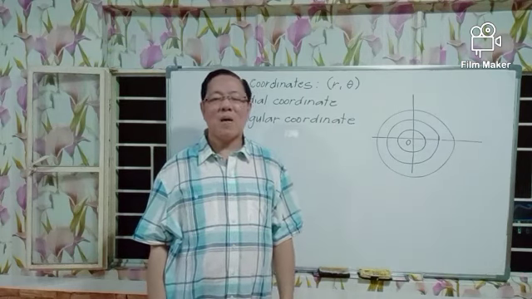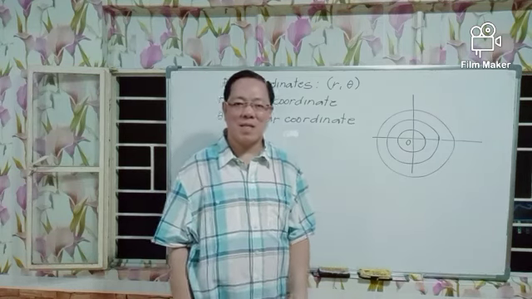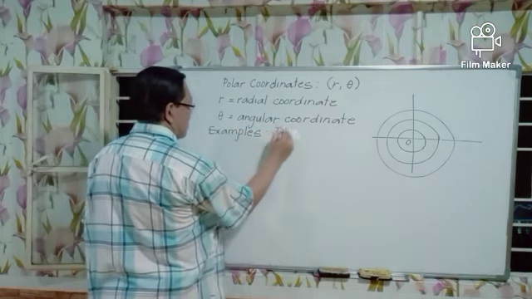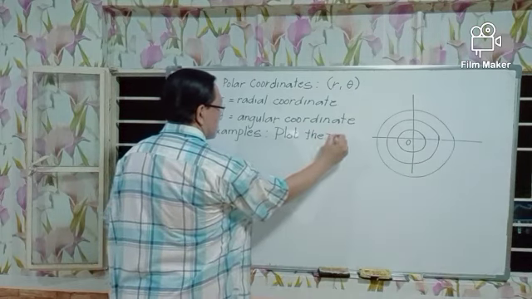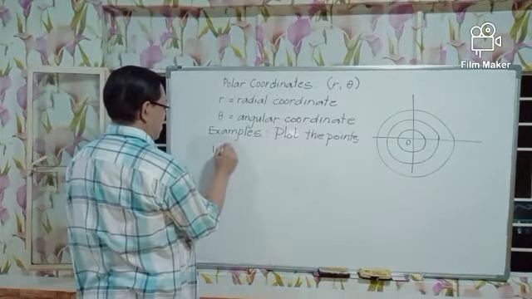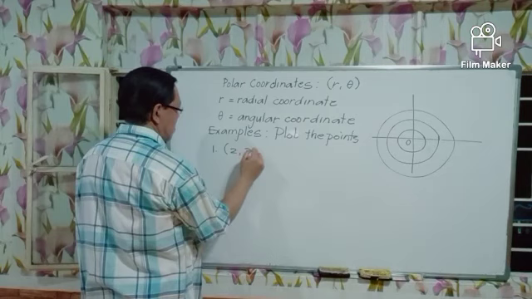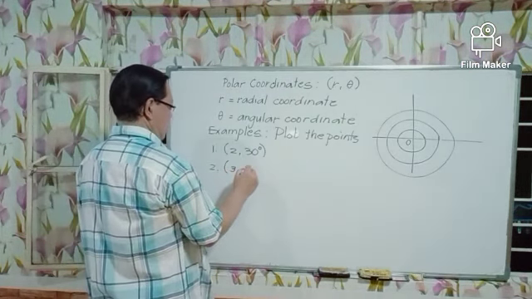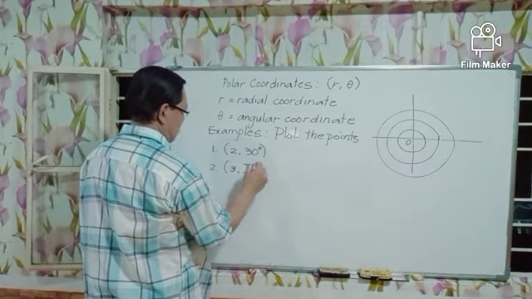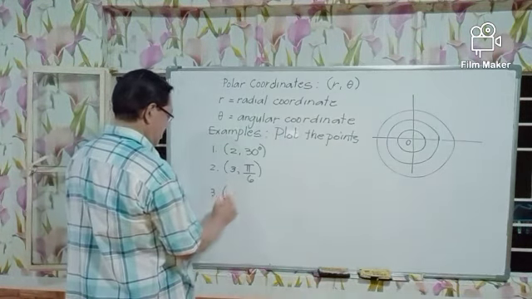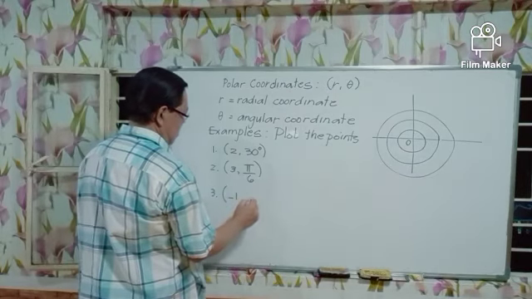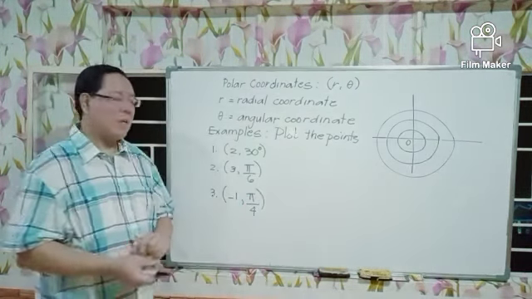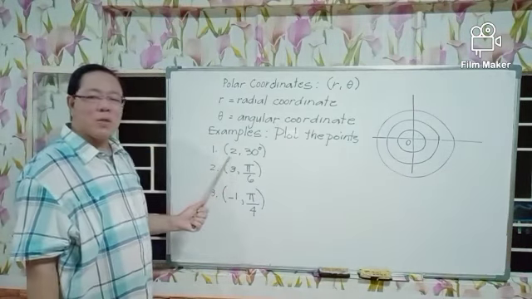We now take examples of how we plot points in polar coordinates. Example 1, plot the point 2, 30 degrees.